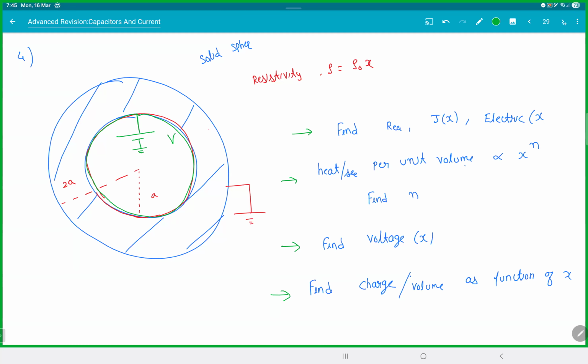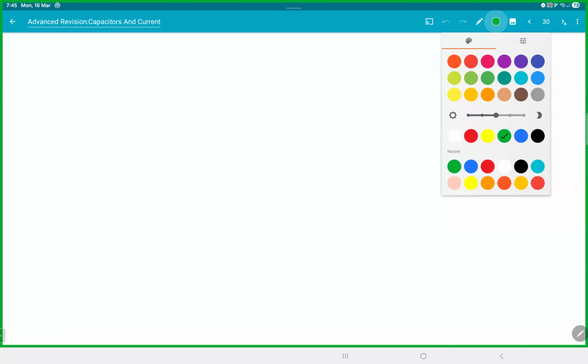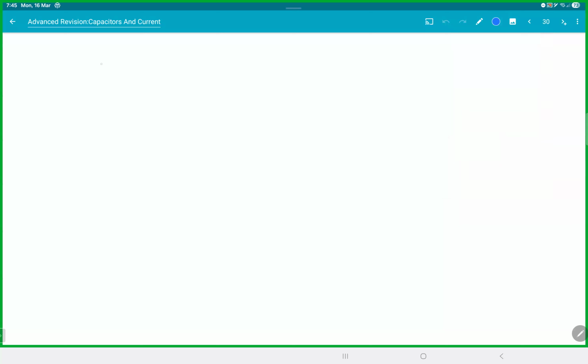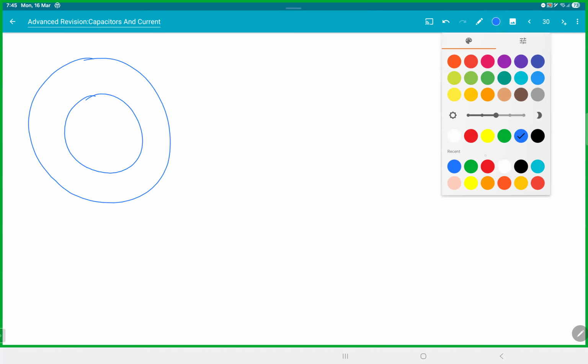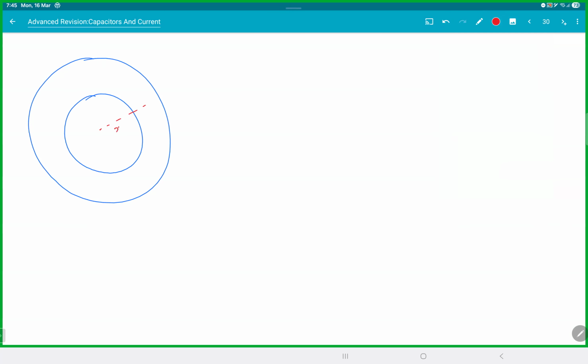How to find R equivalent? At a distance x, take a thin shell of thickness dx.